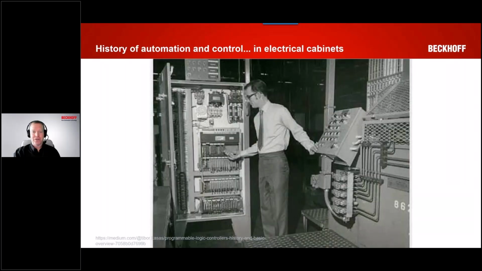Kind of jumping over the history part of the relay logic, right? Obviously, that was where we started on the electrical side, as relay logic, but then we jumped into the PLC control side of things. And this helps, right? It starts to decentralize things. We don't have this machine being controlled by some main control panel in the central part of the plant. It's its own machine that has its own disconnect, as you can see up here.